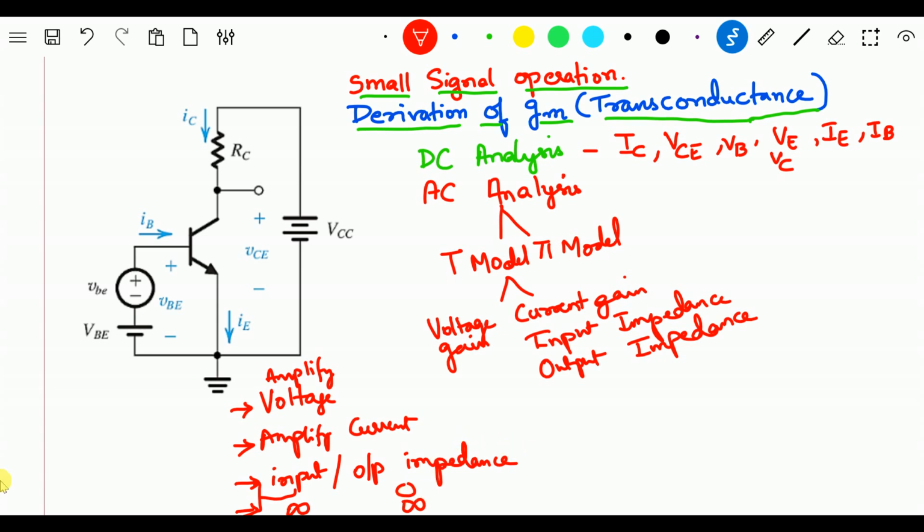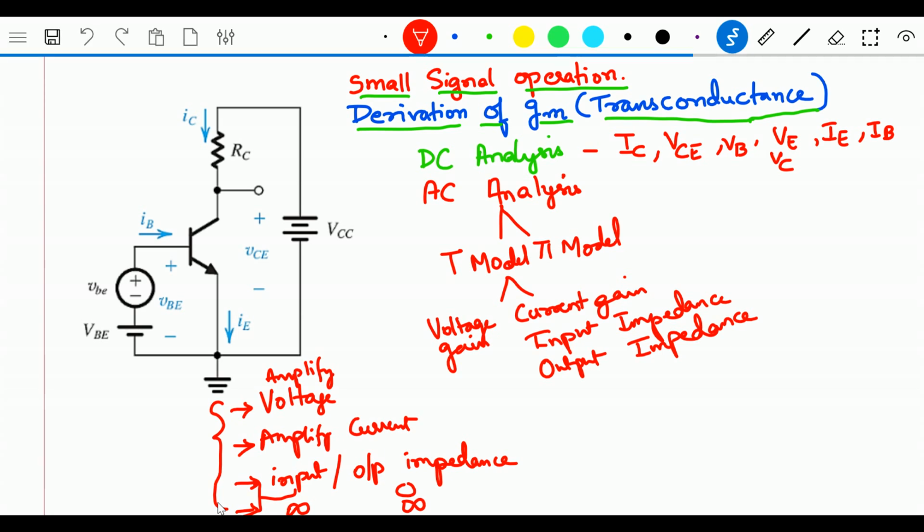All the amplifiers we design are completely based on this. We design an amplifier which can amplify voltage. We design an amplifier which can amplify current. We design an amplifier which can give you infinite input and output impedances, or zero input and output impedances, and so on.